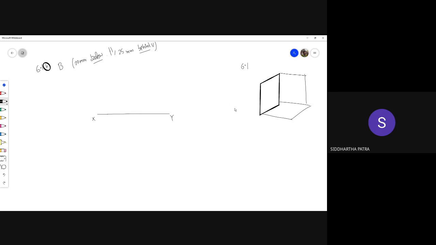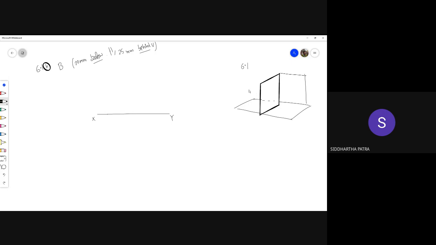So we are talking about a point which is behind the vertical plane.